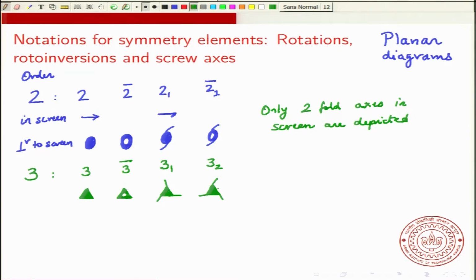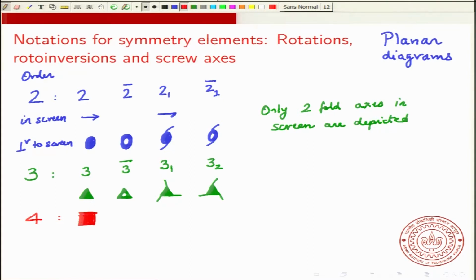What else can you have? So these are all the possibilities that you could have here. Now I'll just briefly show the other axes. I won't show all the possibilities. For a 4-fold axis, it is shown by a triangle.